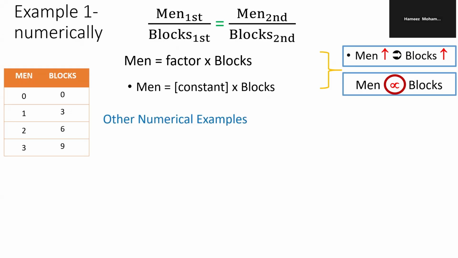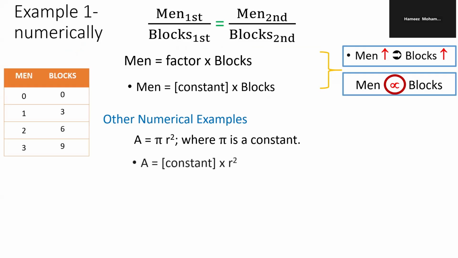If we consider a circle, the area of a circle is pi r squared, and we know pi is normally described as 22/7, or 3.142 and so forth. Pi is considered to be a constant. So if we're comparing the area to r squared, then area is equal to some constant, which in this case is pi, times r squared.